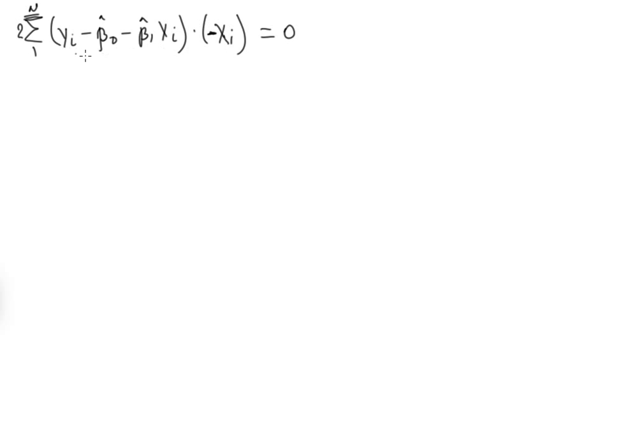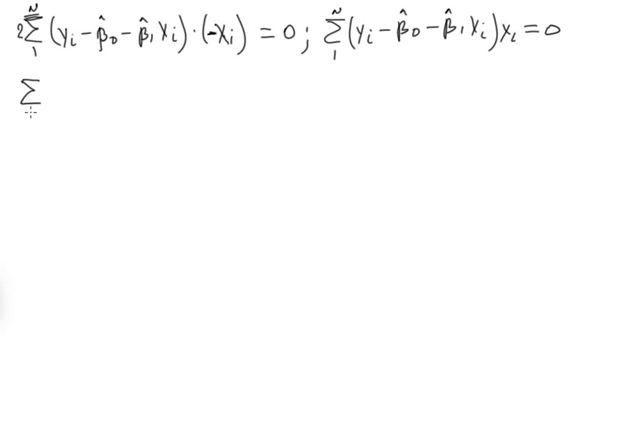Now let's divide both sides of the equation by -2. We'll have this expression now. Oops, this is not beta 0 anymore, it's beta 1. Times xi equals 0. Let's now multiply in the xi's and use the distributive rule of summation.